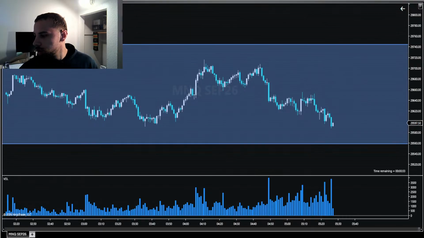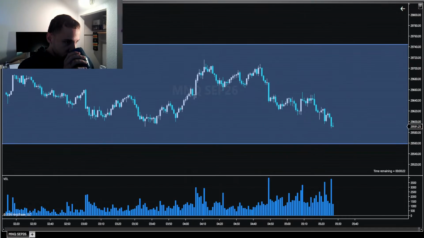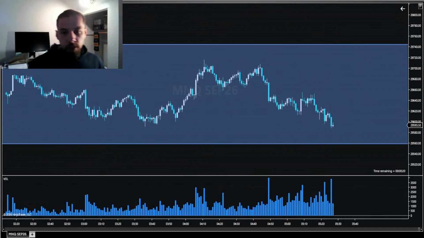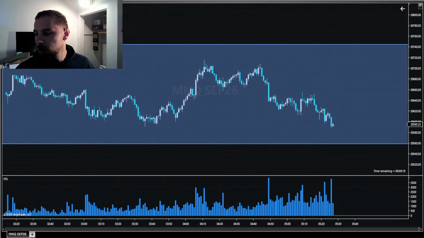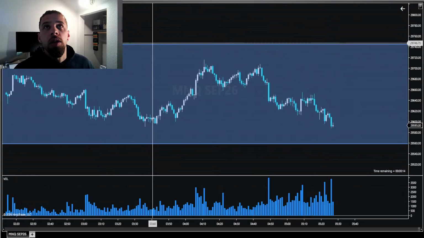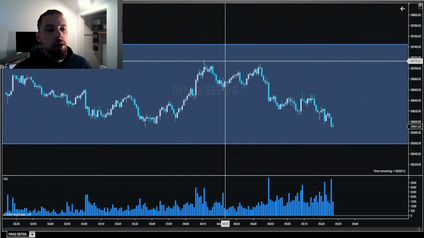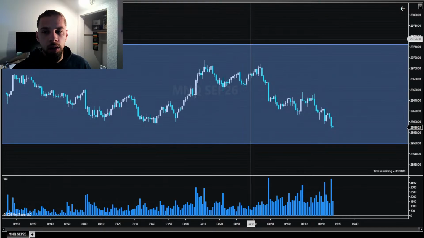Just looking around at all my charts here. So just focusing on MNQ, nothing else. Just keeping it really simple. Have four screens I'm looking at. To my left is a 4-hour chart. The one that you guys can see is the 1-minute chart. Above me is a 5-minute chart, and to the right, excuse me, is a 15-minute chart.